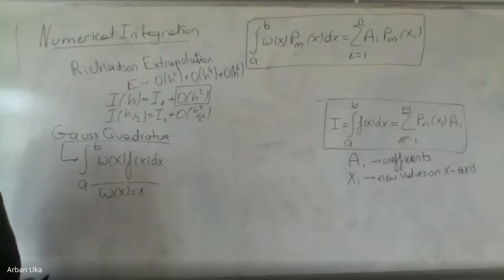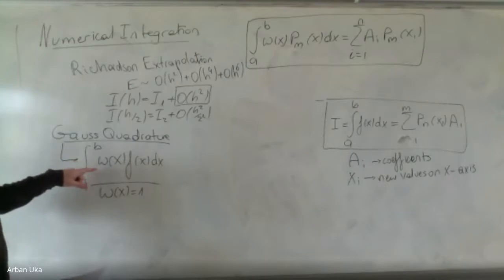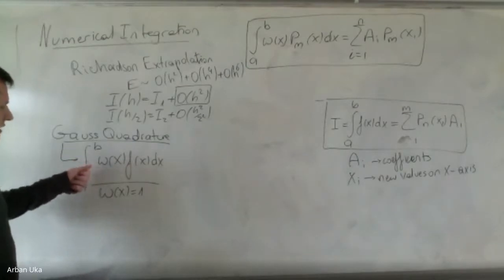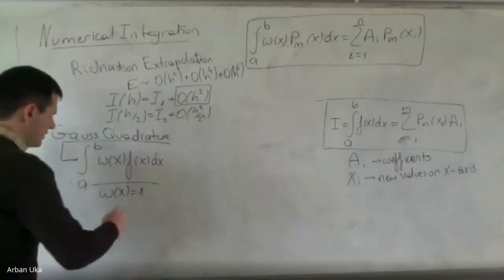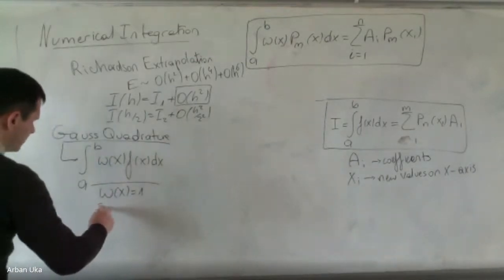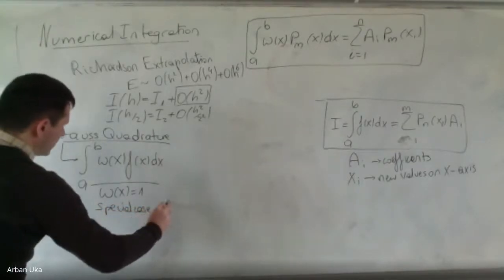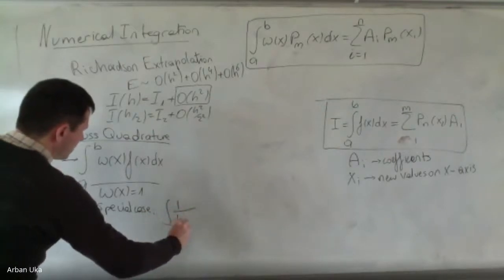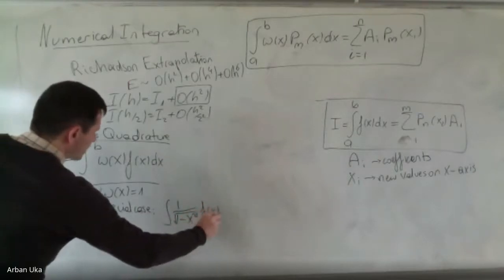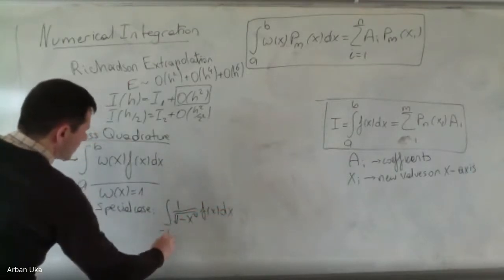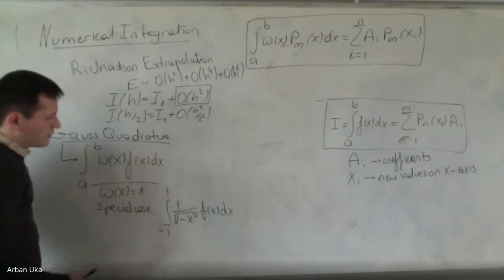Now in the general theory of this numerical integration, this w can even be, as I mentioned a while ago, a function which has singularities. For example, a special case would be the following. We may have the integral of 1 over the square root of 1 minus x squared times any function f of x dx, going from -1 to 1. Imagine for a moment that we want to calculate this integral using numerical techniques.